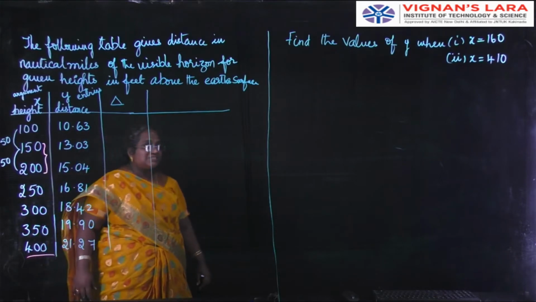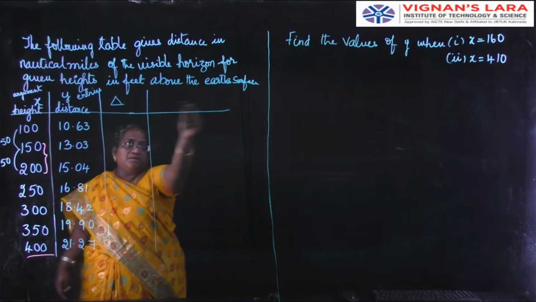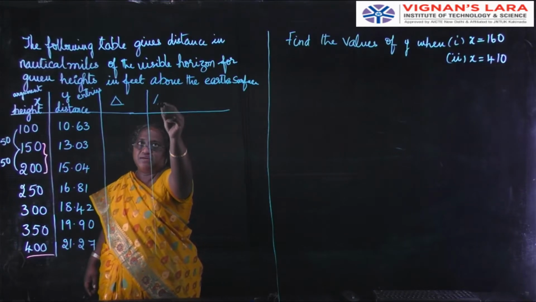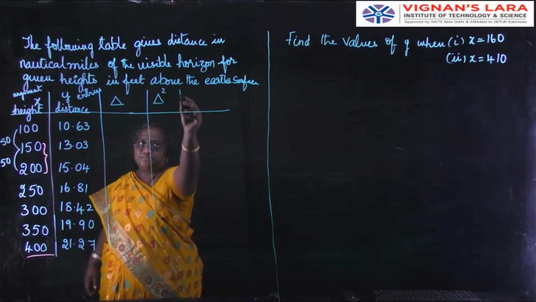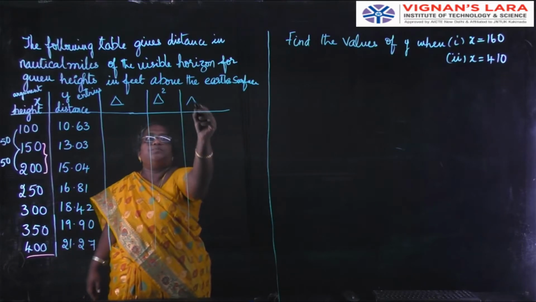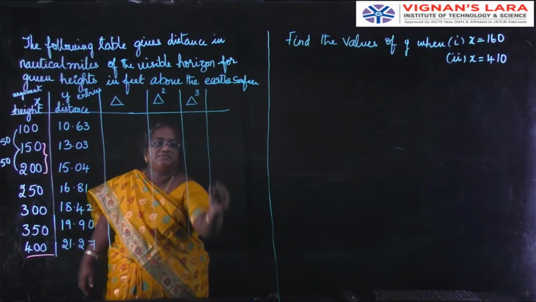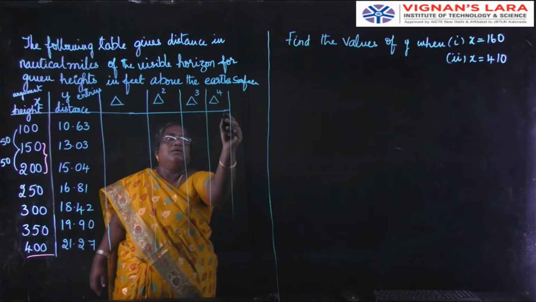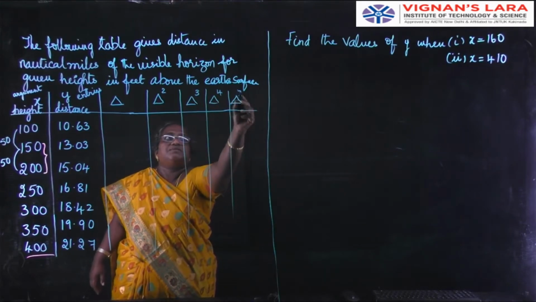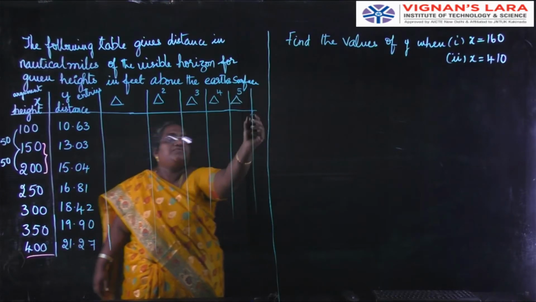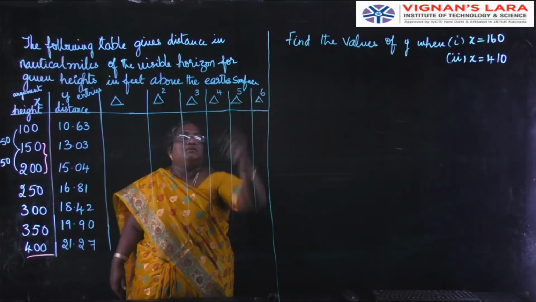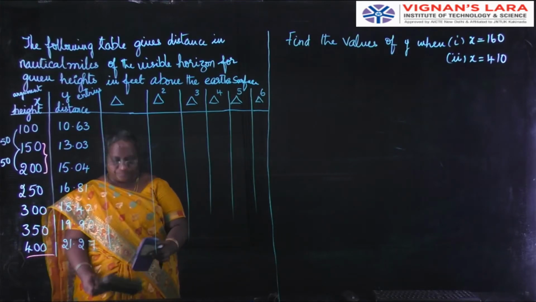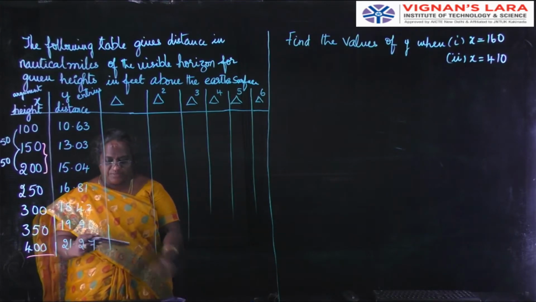So we get 6 forward differences in the table, up to the 6th forward difference. So delta square, delta cube, third forward difference, fourth forward difference, fifth forward difference, and sixth forward difference. That is what we get here. So now let us see the difference table. So how to prepare the difference table?